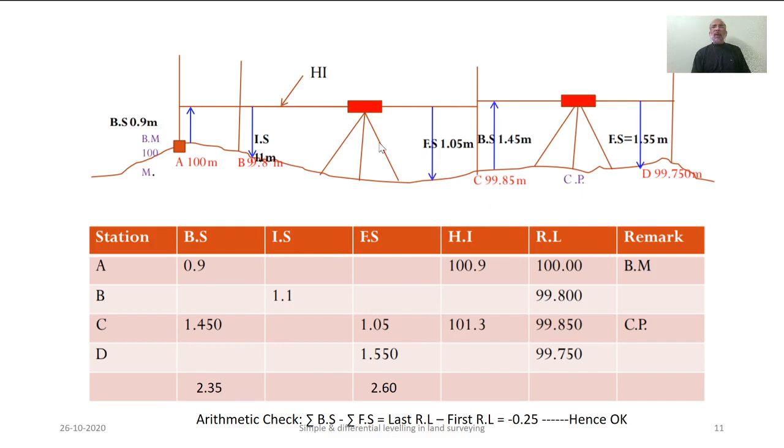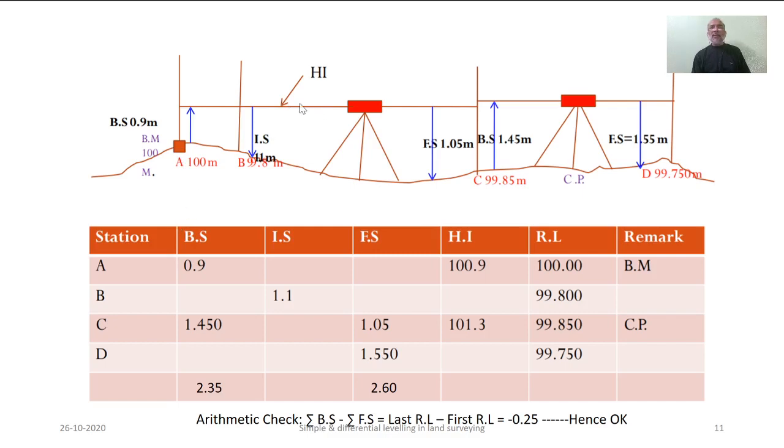Now, actually we calculate this HI with respect to datum. So HI in simpler terms is nothing but the reduced level of the line of sight, and that reduced level should be measured with respect to the datum under consideration. So here, first station A is nothing but the benchmark, which has a reduced level of 100 meters. That means with respect to datum, the vertical ordinate is 100 meters.